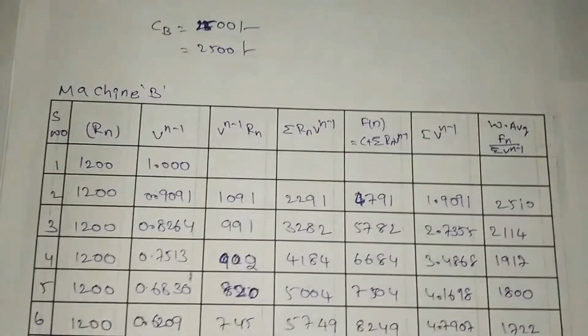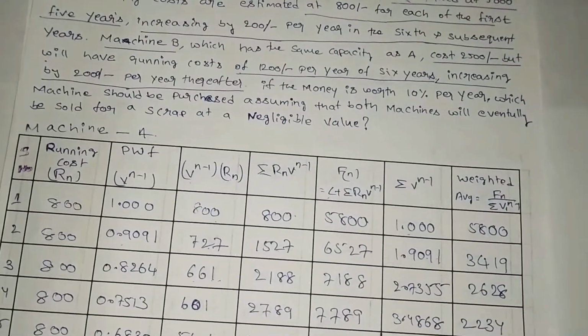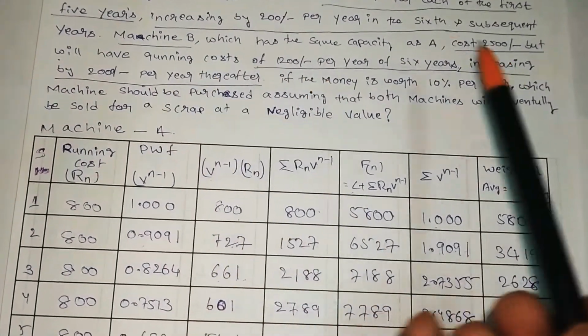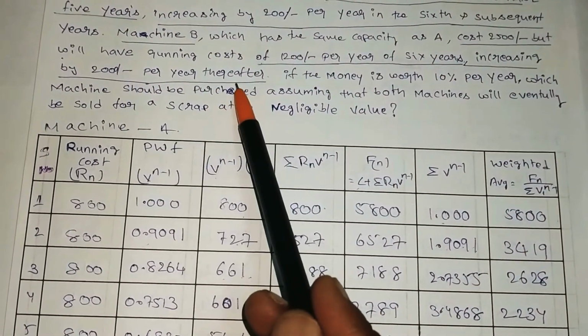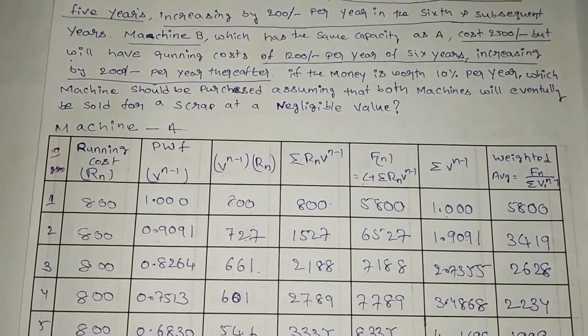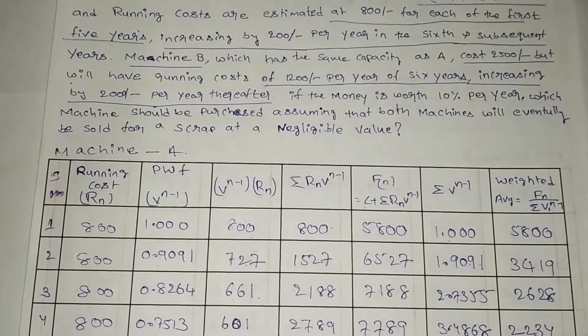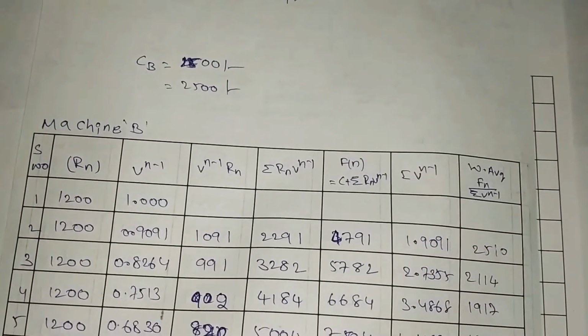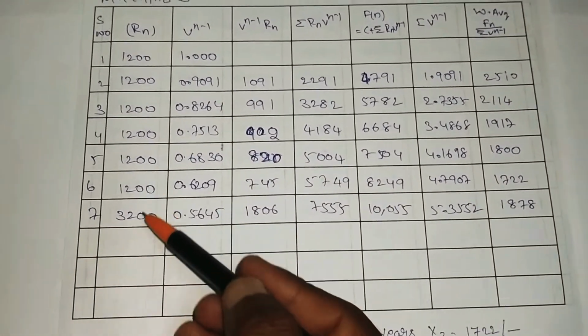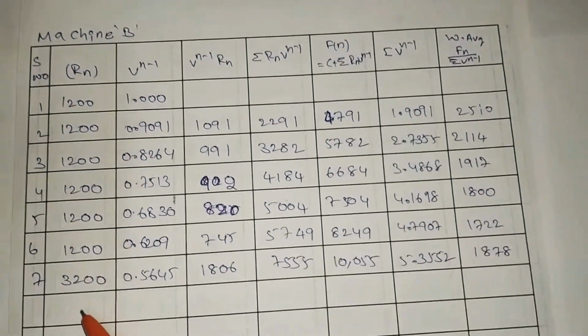Then it increases by 2000 for the next year only, not subsequent years, that is the 7th year. Add 2000: 1200 plus 2000 is 3200.